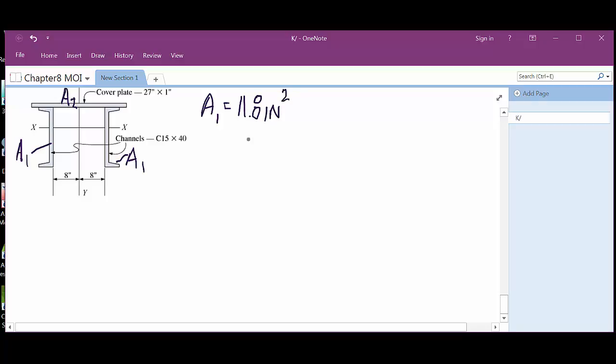Does make a difference. It also tells you that the D value, this distance from here to here, is 15 inches. Does that make a difference? Probably does, doesn't it? So you can find out what your Y bar is.